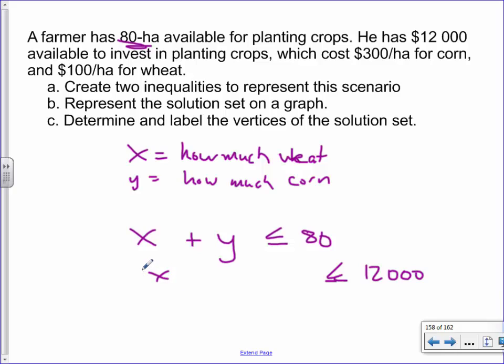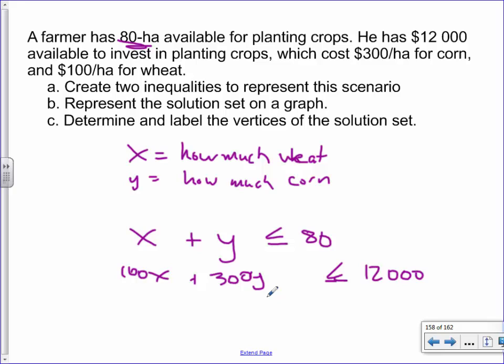It costs you 100 to plant wheat, and it costs you 300 to plant corn. So now I actually have two limiting factors. I'm limited by the size of my field, and I'm limited by the amount of money I have as upfront capital. Does this make sense?